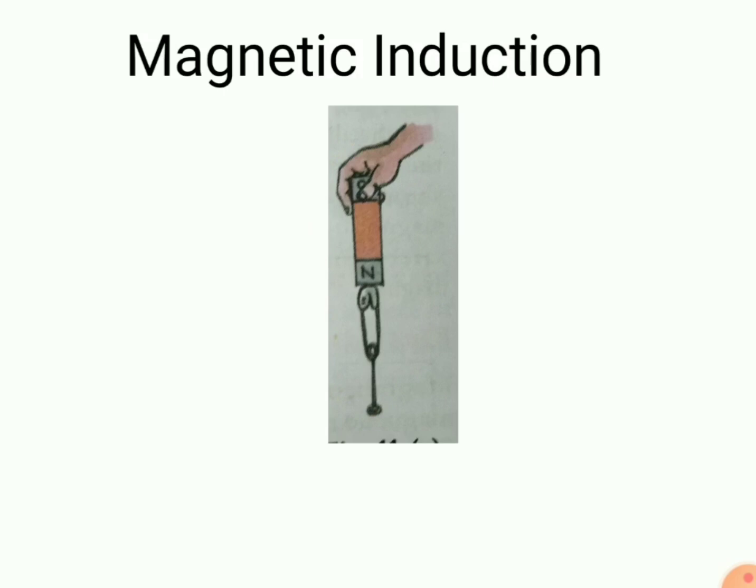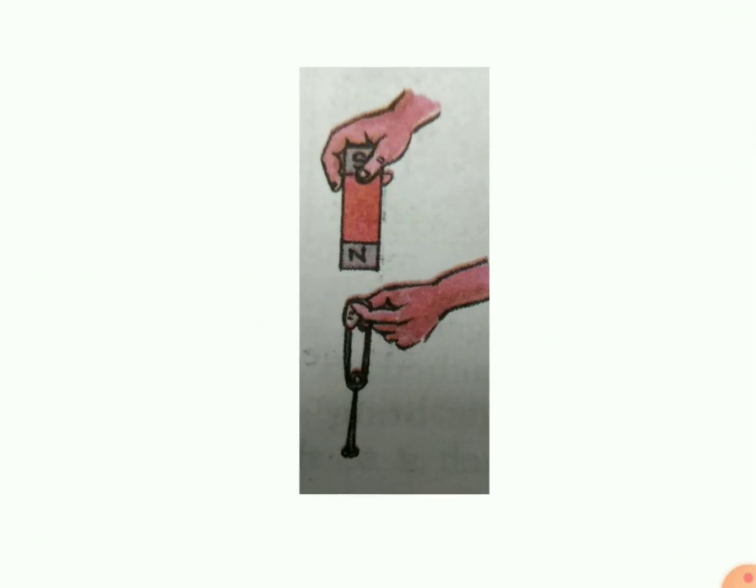Leave it for 10 to 15 minutes, and afterwards do this. Move this bar magnet away a little distance. Now you can see the needle stuck to the safety pin does not get removed. Why? Because the bar magnet has induced magnetism into the safety pin.